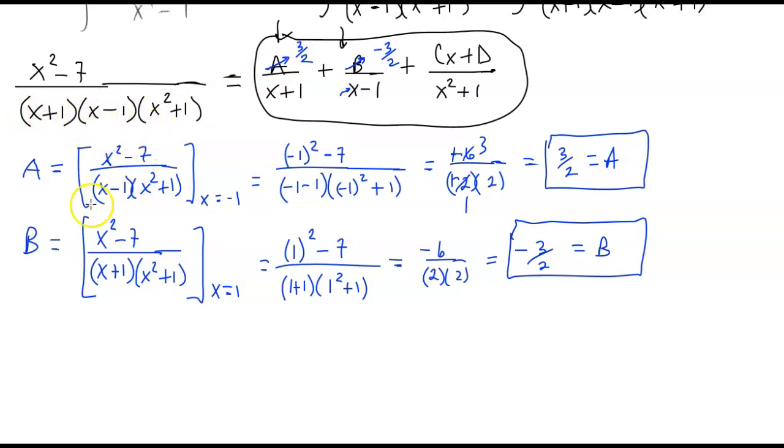In other words, I can't say I have Cx plus D and then do the same thing I just did for A and B. This technique won't work for that.